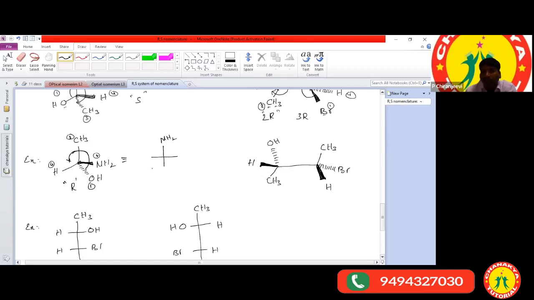And the OH we can write on the bottom side. The remaining H and CH3 we can easily write as they are. Now 1, 2, 3, here you will get this.